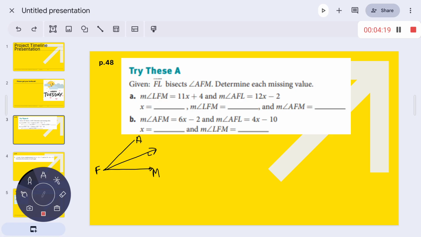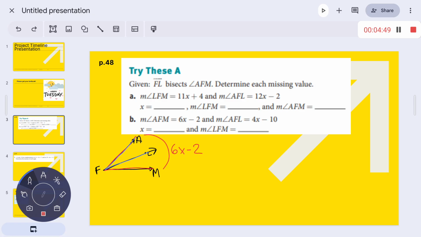We know that, and I'm going to read it and write on this, AFM. So this time, AFM, that's the big angle. AFM is 6x minus 2. And then the measure of angle AFL, AFL is 4x minus 10.